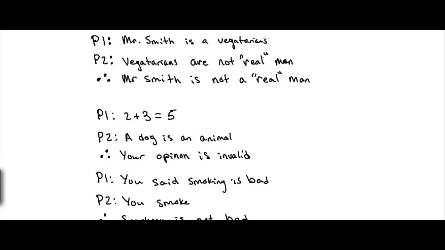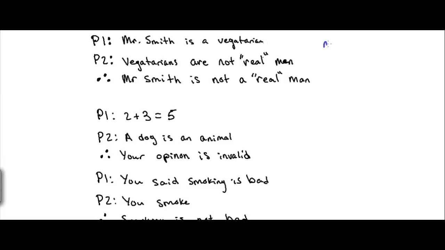Now let's look at example 2. Premise 1, Mr. Smith is a vegetarian. Premise 2, vegetarians are not real men. Therefore, Mr. Smith is not a real man. Now I put real in quotation marks, but let's assume that we actually meant a real man. So if we don't want vegetarians being men, we'll just change the definition.